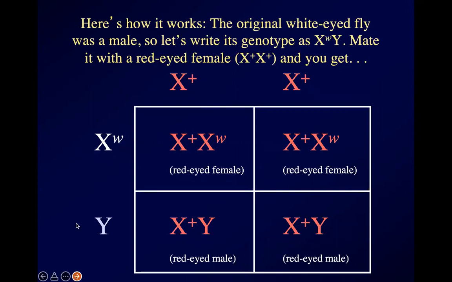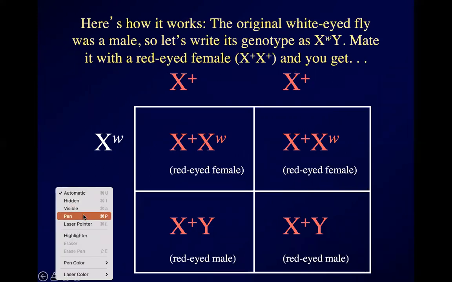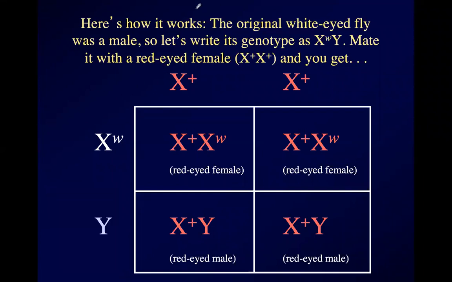The original white-eyed fly was a male, and we'll write its genotype as X with a little superscript W, Y. We can write the female as XX. She's got 2 X chromosomes.